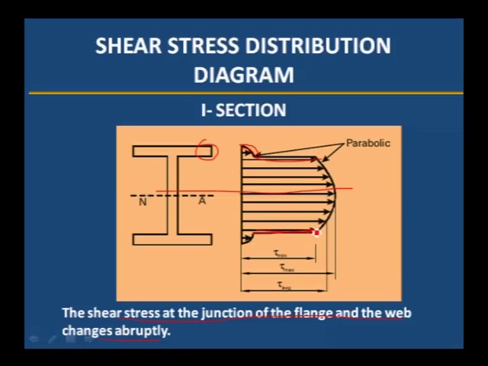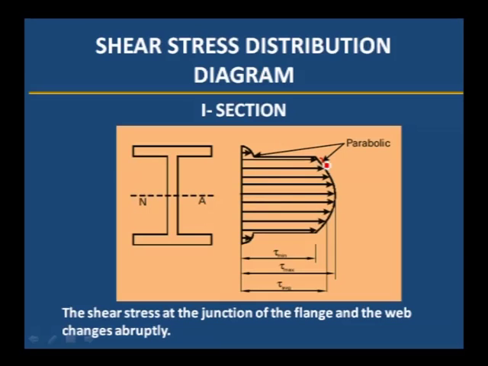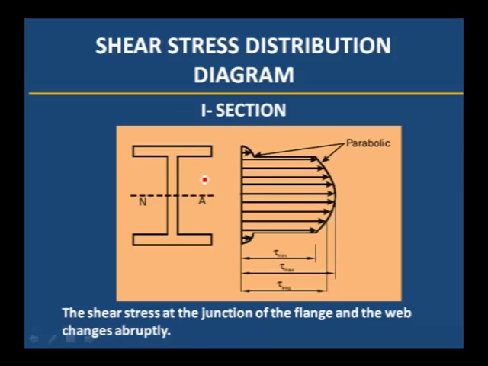It is parabolic, and it is maximum at the neutral axis. Near the flange it is less, and this portion is the flange shear stress. This is the distribution of shear stress for the I section.